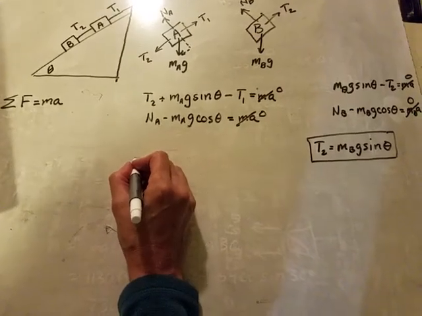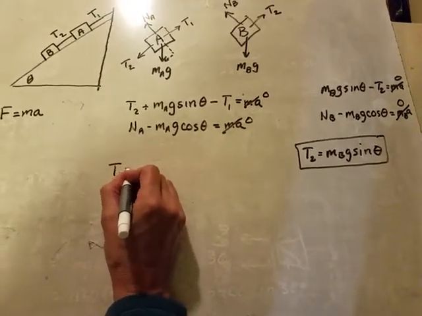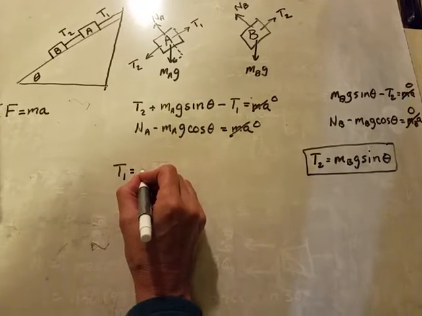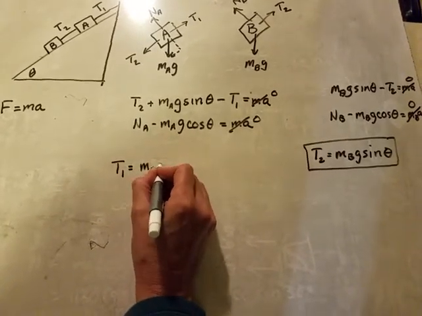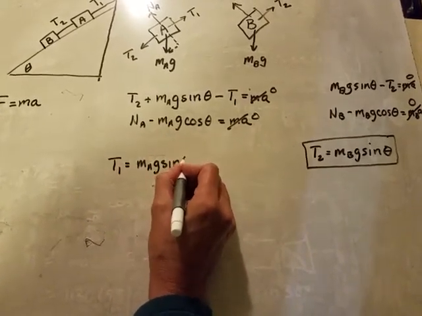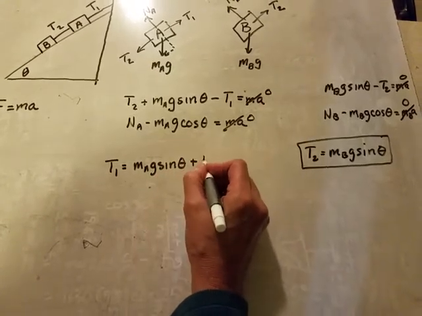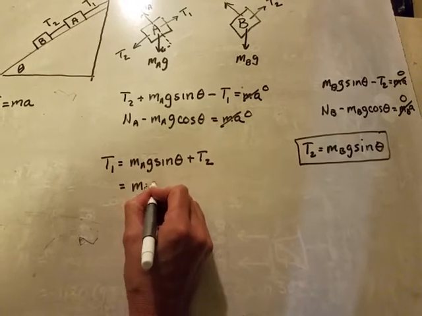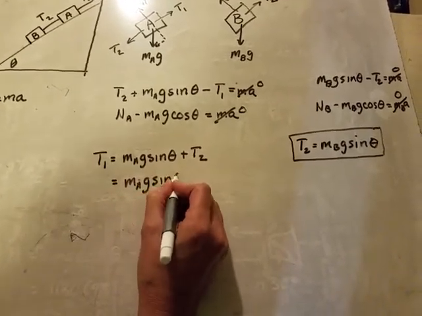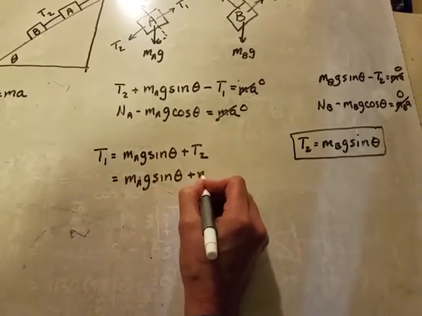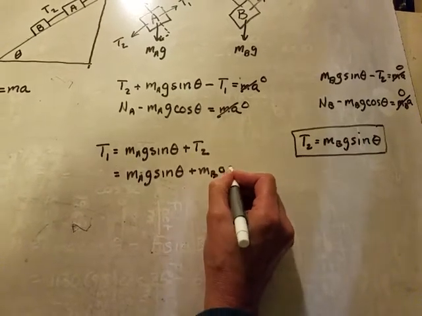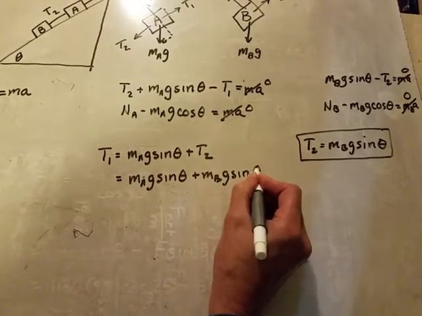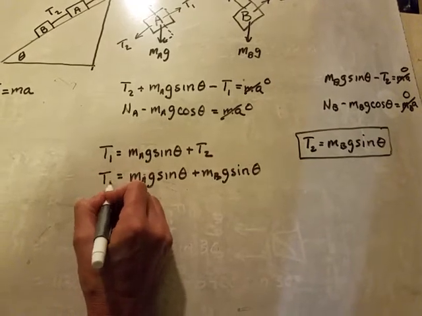Then to figure out tension 1 is going to be equal to MAG sine theta plus T2. But T2 is equal to MBG sine theta. So now we have T1.